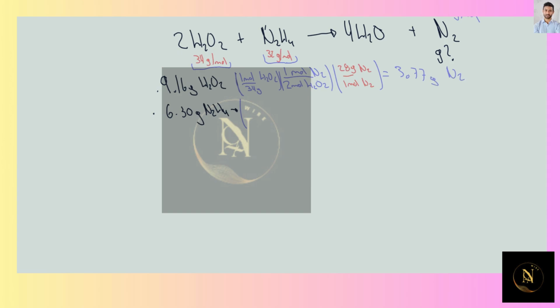Now, for the second case, we would have that 1 mole of N2H4 corresponds to 32 grams. We know that 1 mole of N2 is going to be produced by 1 mole of N2H4. And finally, the conversion factor for grams of nitrogen.